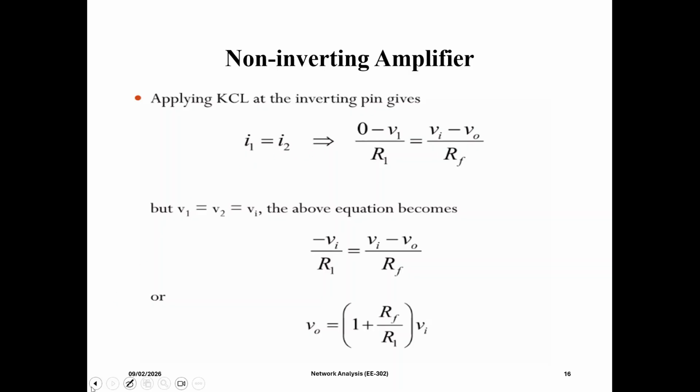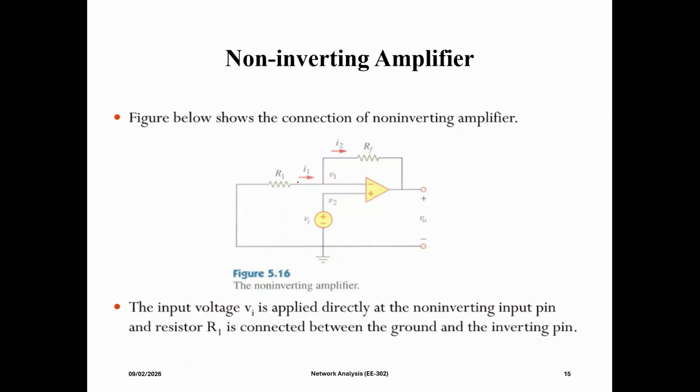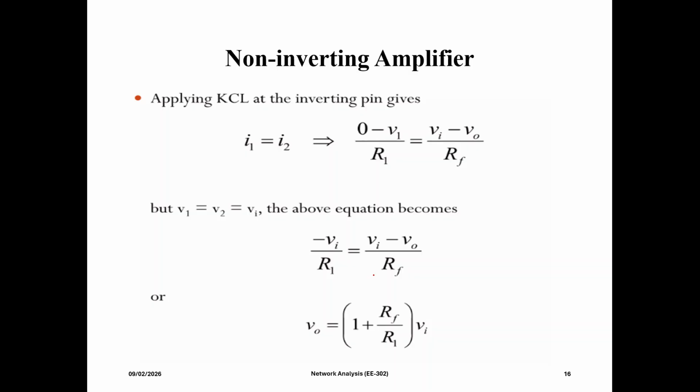I1 will be equal to 0 minus V1 over R1, and I2 equal to V1 minus V output over RF. So by rearranging this equation we can find out the V output over V input.